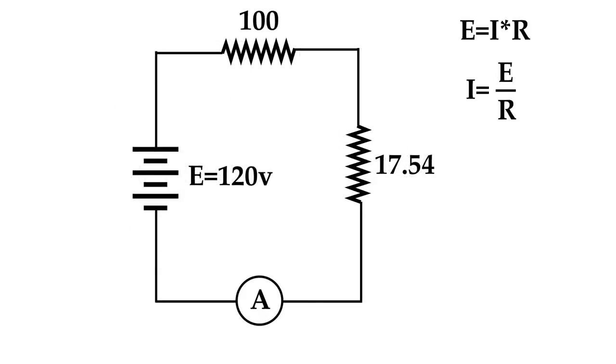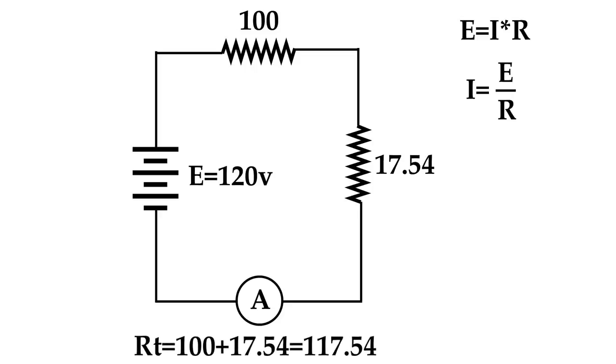Now that we know what the overall resistance is of those 3 parallel resistors, I'm going to temporarily substitute that with 1 resistor with the overall ohms. And if we add the 100 ohms to the 17.54 ohms, we end up with 117.54 ohms total.